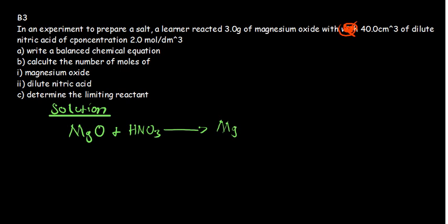So we get magnesium nitrate with a 2 out there, plus water. What we need to keep in mind is that as we write in this manner, the valence for magnesium is 2, for oxygen is 2, hence these just cancel each other.